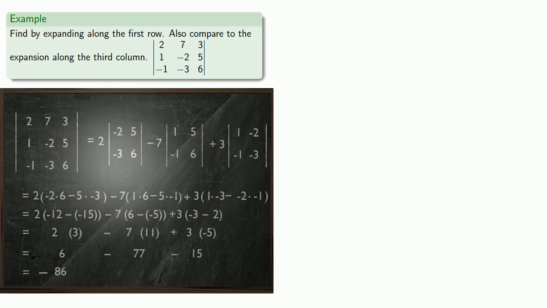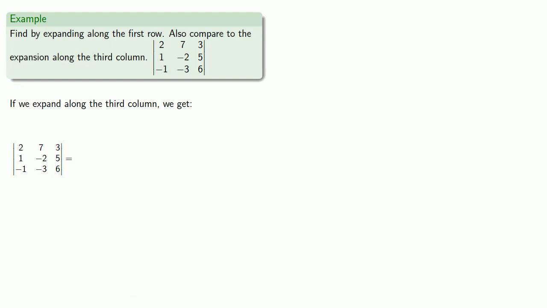Well, let's check it out by expanding along the third column. So let's take a look at that. We'll have 3 times negative 1 to the power 1 plus 3 times the minor, plus 5 times negative 1 to the power 2 plus 3 times the minor, plus 6 times negative 1 to the power 3 plus 3 times the minor.